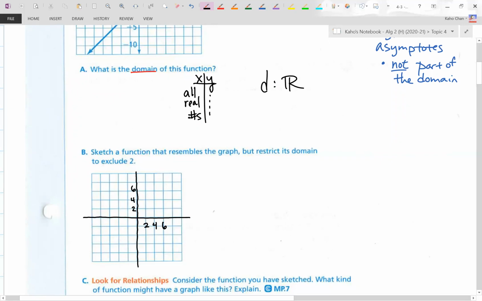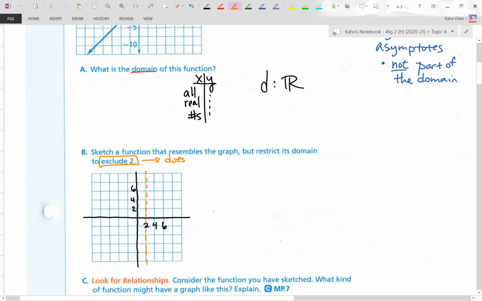I'm going to copy the graph that we have up there, y equals x plus 2, but I'm going to exclude, kind of like having a force field, through x equals 2. So here, at x equals 2, it does not exist.